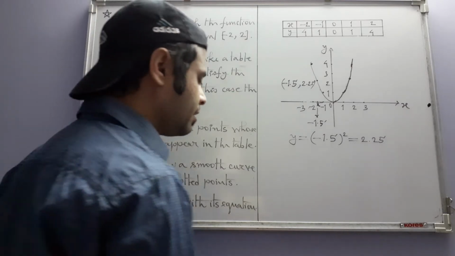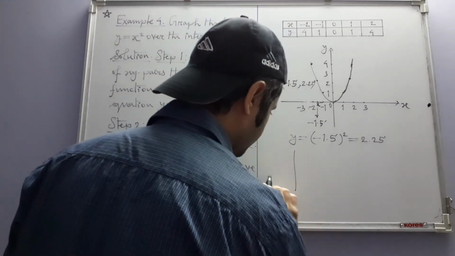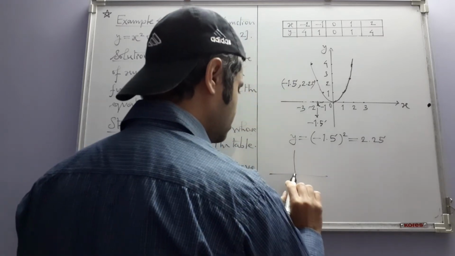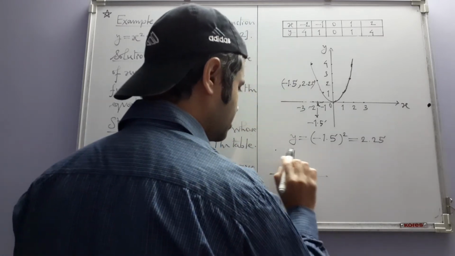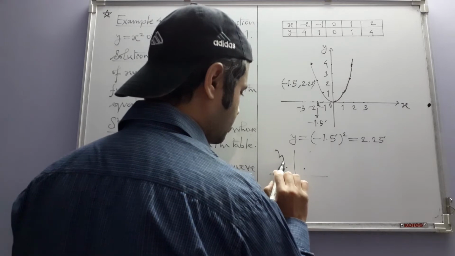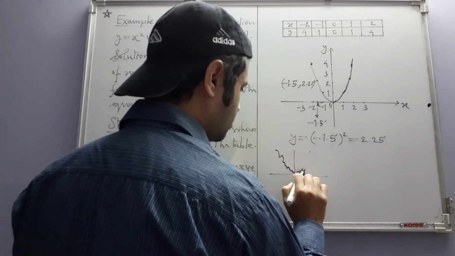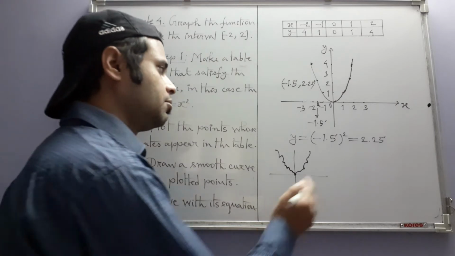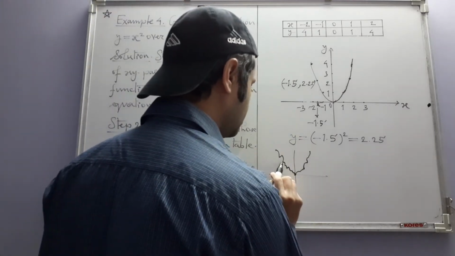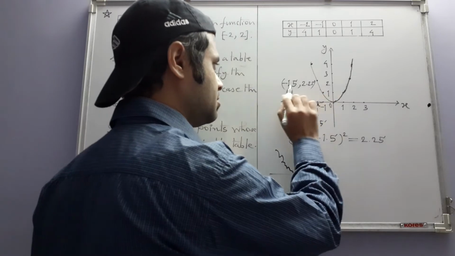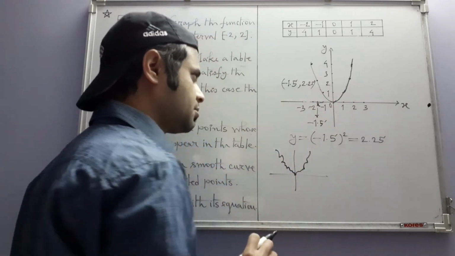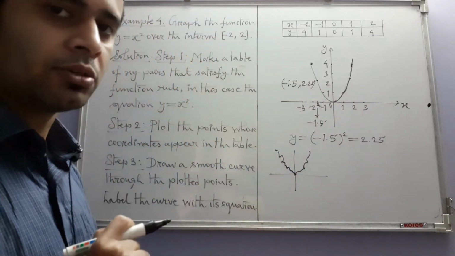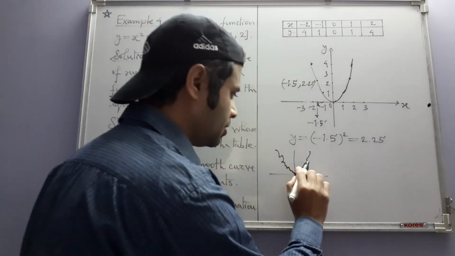And what is the guarantee that the graph does not look like this? Say these are the plotted points. Say we have taken care of the pairs -1.5, 2.25 and 1.5, 2.25.